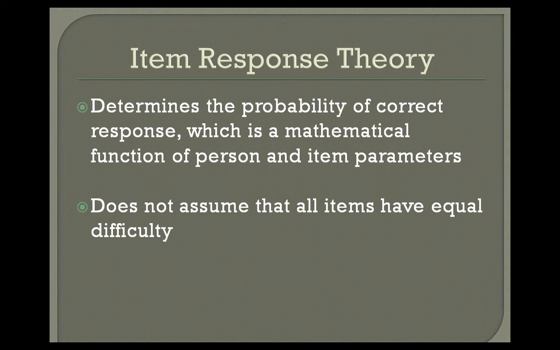And if you think about it, most tests that you've taken, probably the items are different. Some are more difficult and some are easier. Another thing that item response theory can do, it can look and see if, for example, males and females respond to the test in the same way, or members of different ethnic groups respond in the same way. So this is one way that tests can be examined to look for bias.